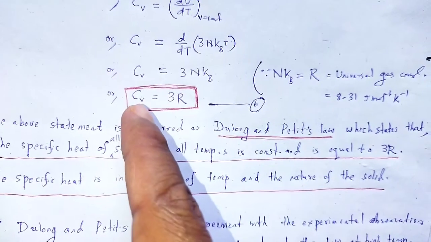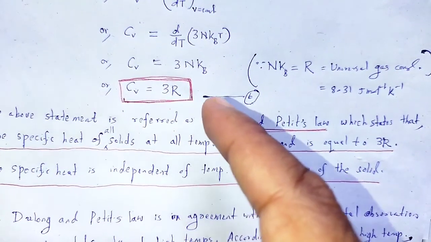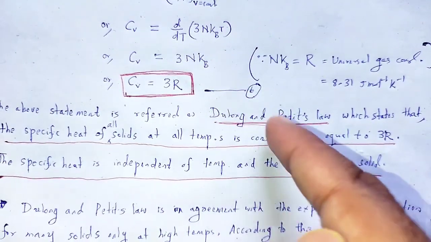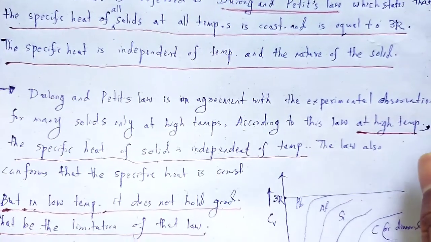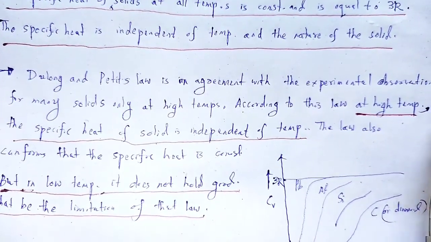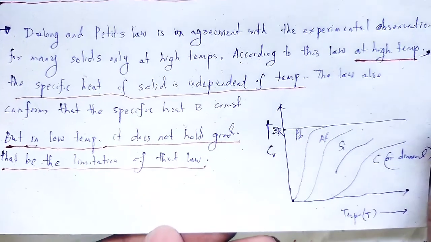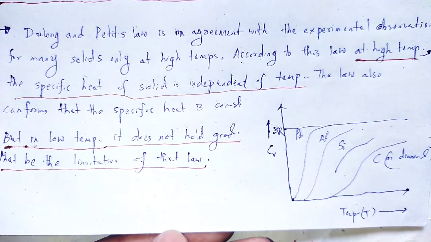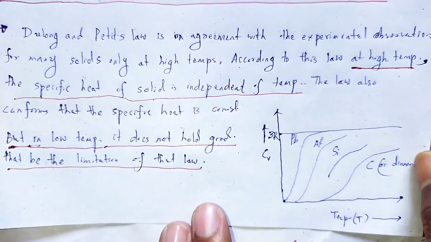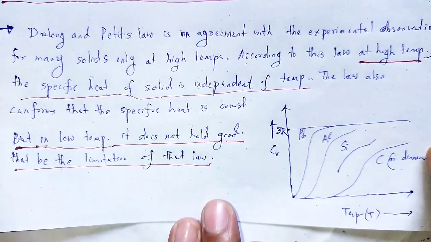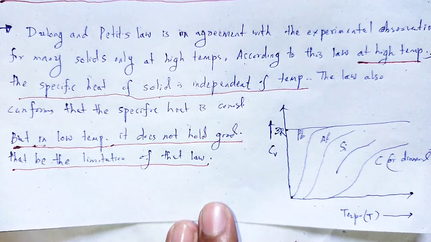It is shown that the specific heat of a solid is a constant and does not depend upon temperature according to Dulong and Petit's. But this law holds good for high temperature and does not explain low temperature. So with these useful and informative notes, let me wind up this session. Thank you.